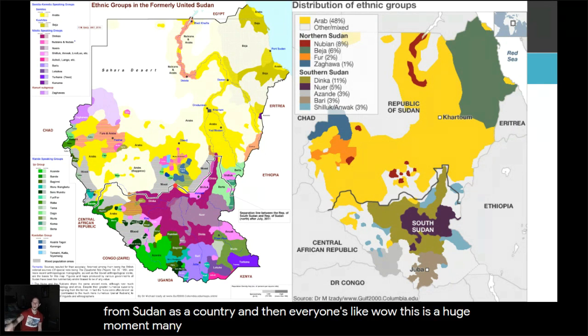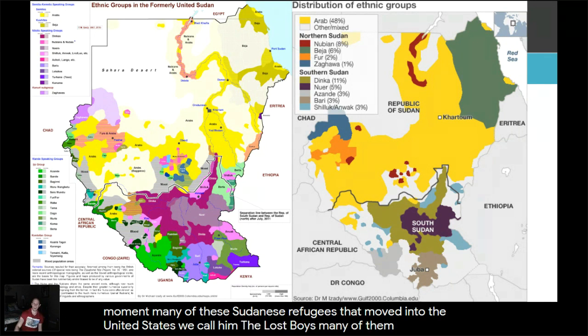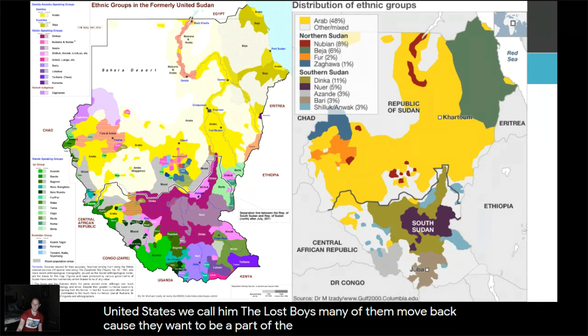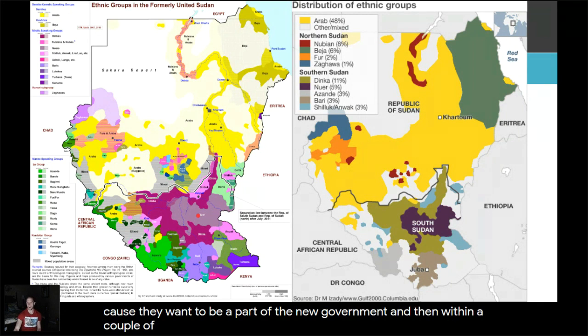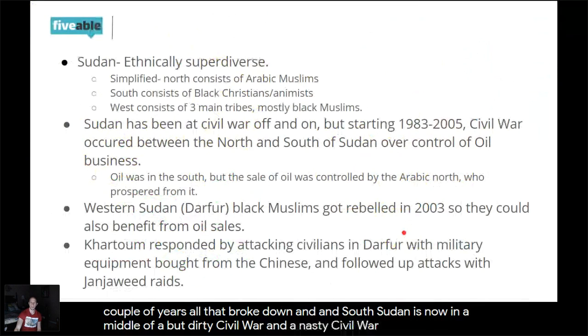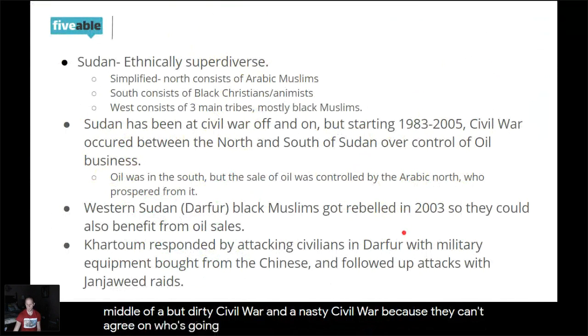Many of these Sudanese refugees that moved into the United States, we call them the Lost Boys, many of them moved back because they want to be a part of the new government. And then within a couple of years, all that broke down, and South Sudan is now in the middle of a dirty civil war, a nasty civil war, because they can't agree on who's going to lead because of all the ethnic diversity that exists there.